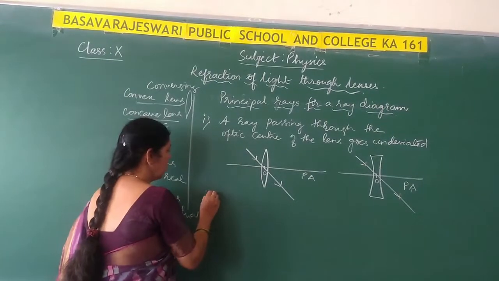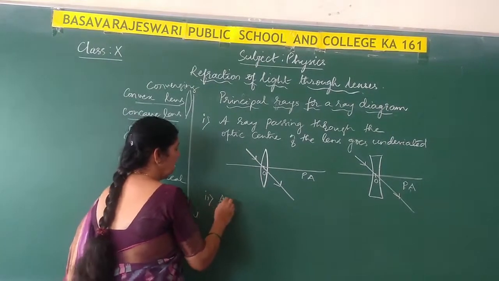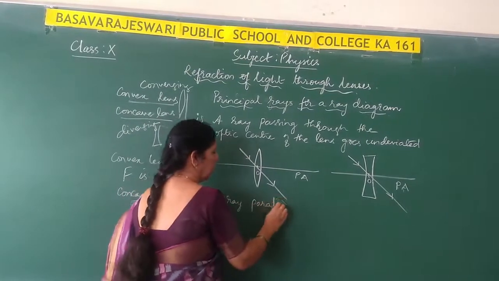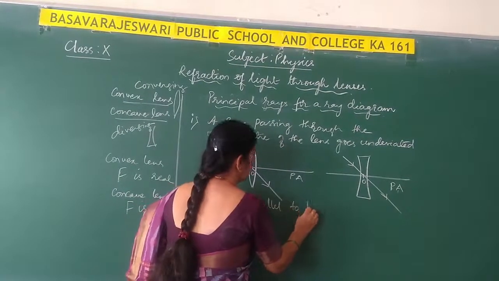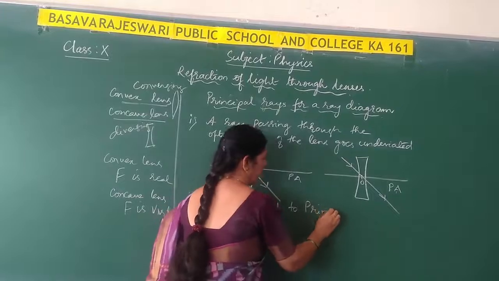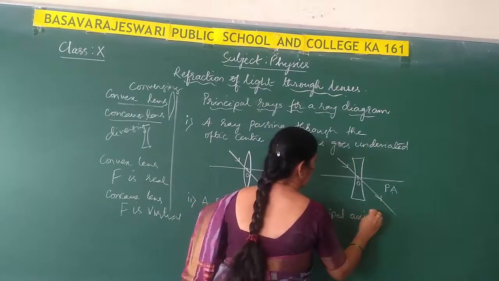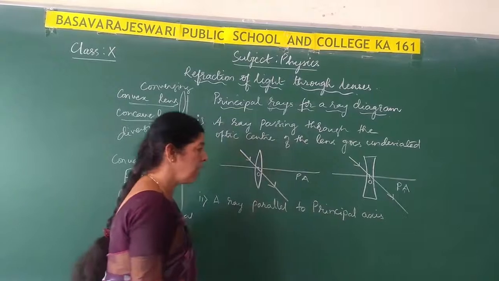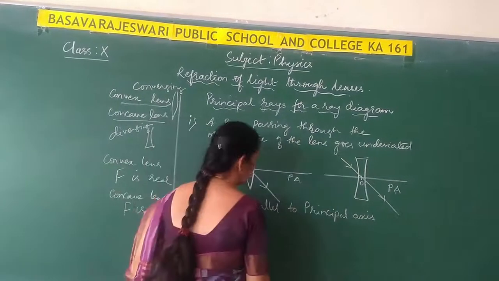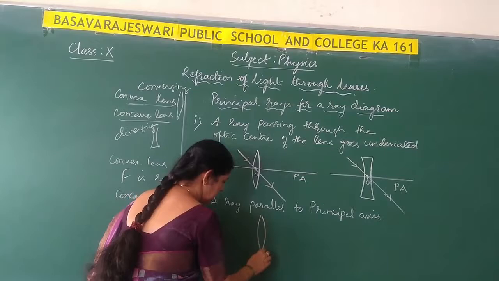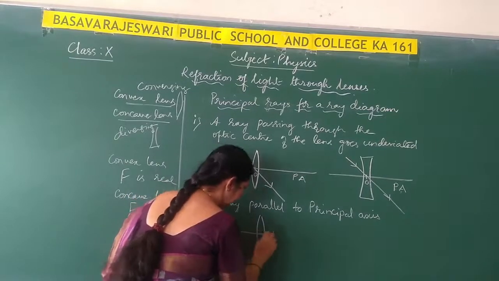Next, the second important ray is a ray parallel to principal axis. How does it behave? For a convex lens, I shall show here.